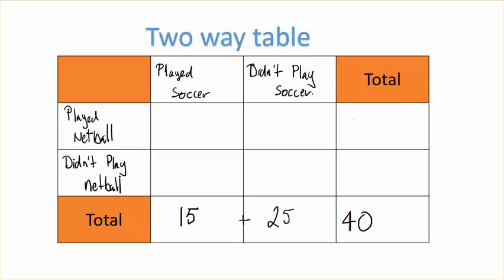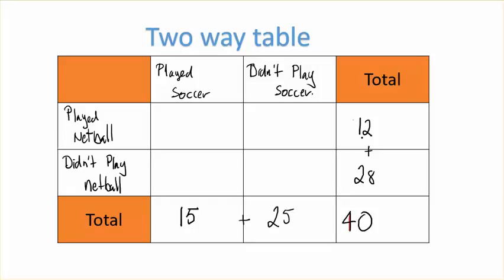Now when I did that, I found out that there were 12 people that played netball. Now remember that because I'm asking the same 40 students, the number that goes there must be 28, because 12 plus 28 equals 40.